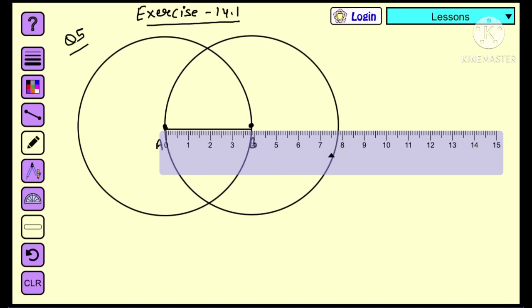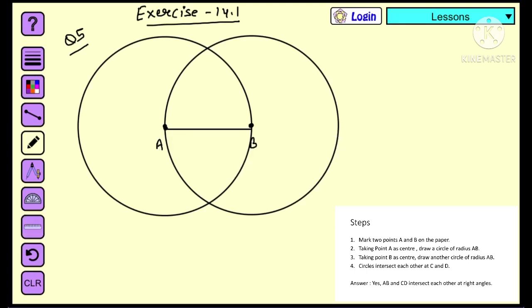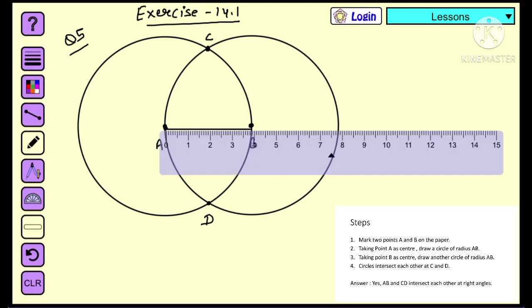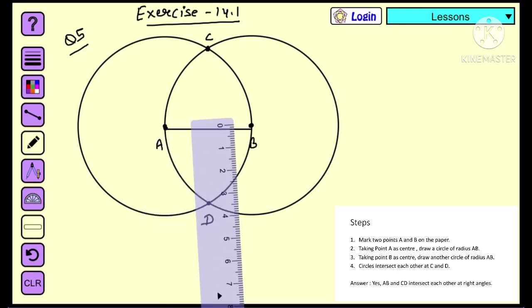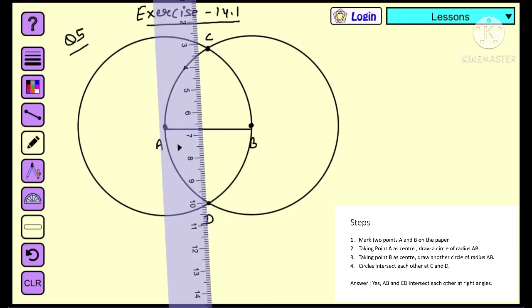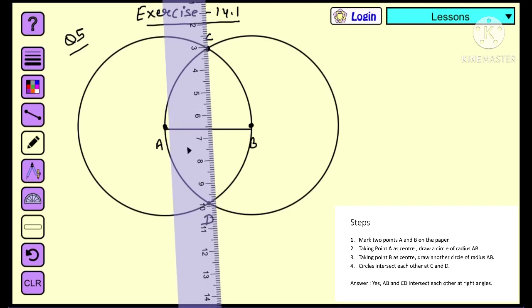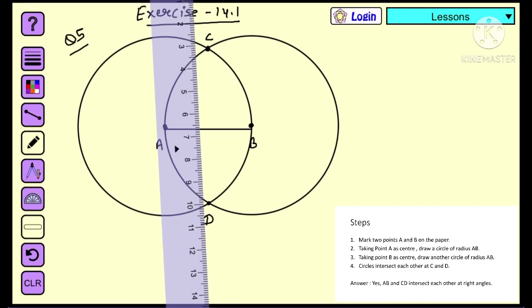Both of these circles intersect each other at 2 points. The first point is C, the other is D. Now we have to see whether AB and CD intersect each other at 90 degrees, meaning at right angles, or not.